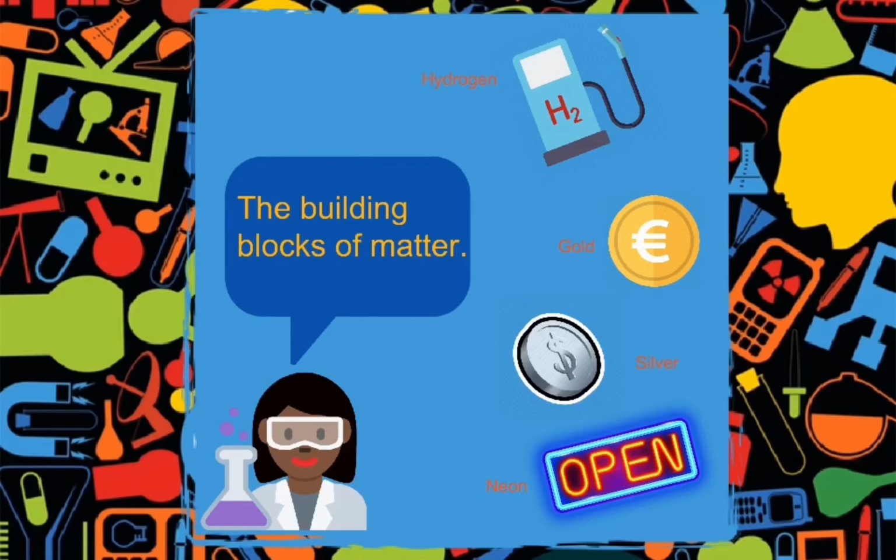Scientists call elements the building blocks of matter. Why? Because an element cannot be broken down into a simpler form. It is already simple. Hydrogen, gold, silver, and neon are some of the elements that we know.